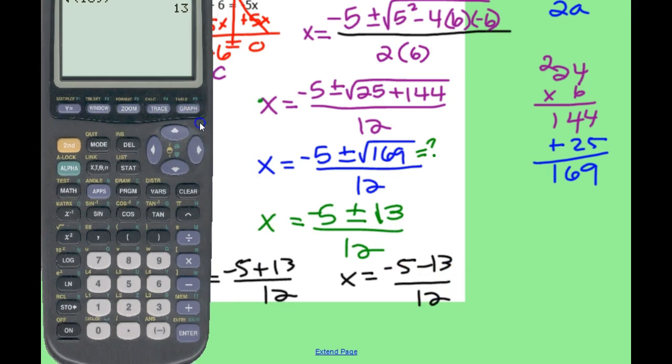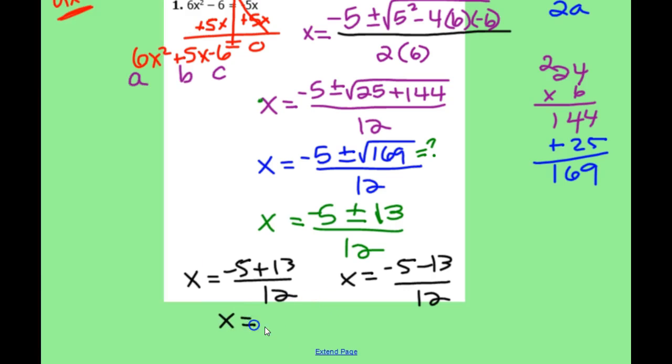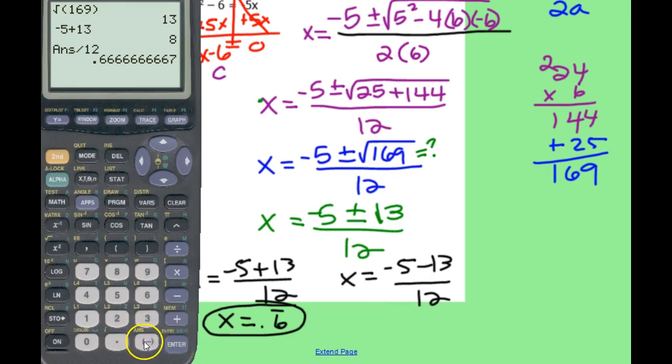Let's solve both. So negative 5 plus 13 is 8. 8 divided by 12 is 0.6 repeating. And the other one, we have negative 5 minus 13. Oops, typed that in wrong. Negative 5 minus 13 is negative 18.